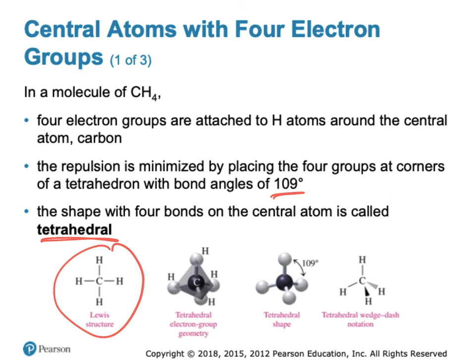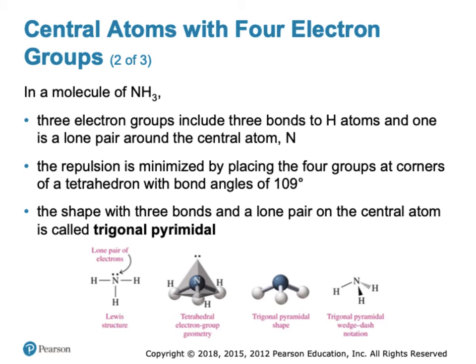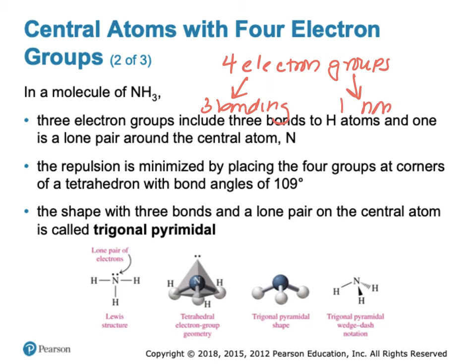109 degrees. Now we're going to look at when we have 4 electron groups, but one of those electron groups is a lone pair of electrons. So we have 4 electron groups, 3 are going to be bonding, and 1 is going to be non-bonding.